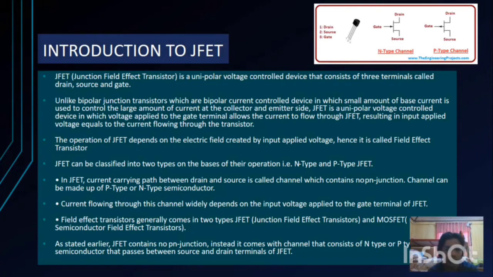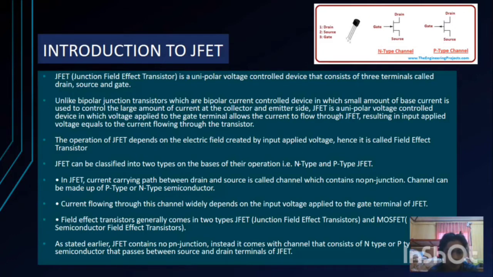The operation of JFET depends on the electric field created by the input applied voltage, hence it is called a field effect transistor. JFET can also be classified into two types, N-type and P-type JFET.